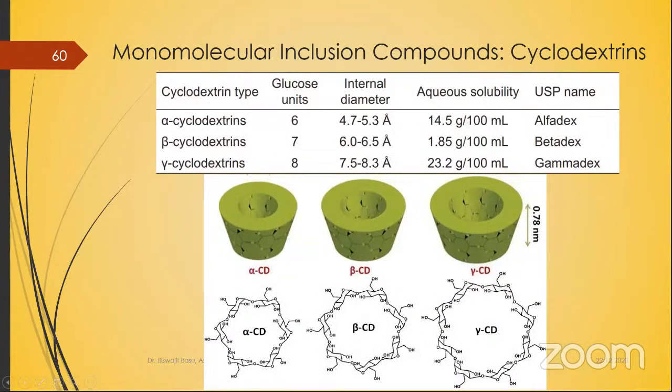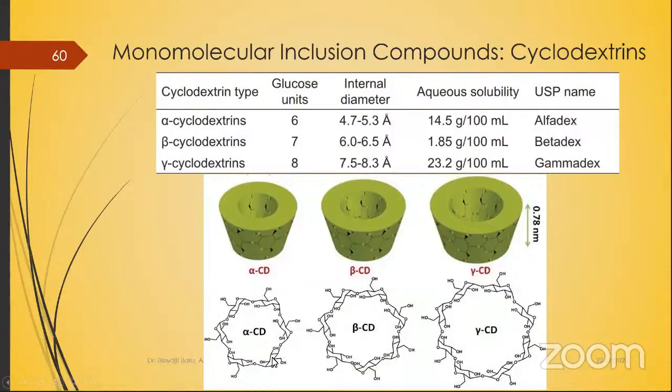Okay. Now see the classifications of cyclodextrins. 3 types are there: alpha, beta, and gamma. In the case of alpha, 6 glucose units are there. In beta, 7 glucose units. And in gamma, 8 glucose units. Now see that the internal diameter is less in alpha than in beta and gamma.